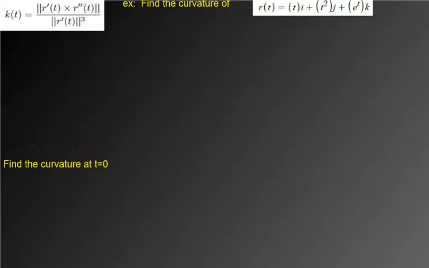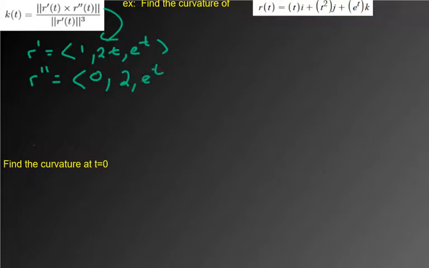So basically what I do is I just start building this thing up. So I find r prime, which for this would be 1, 2t, and then e to the t. R double prime would be 0, 2, and e to the t.